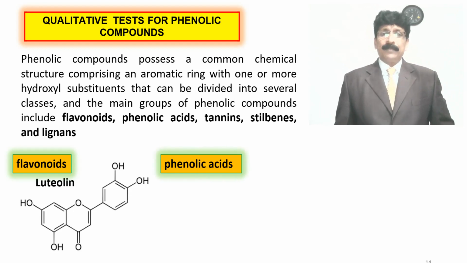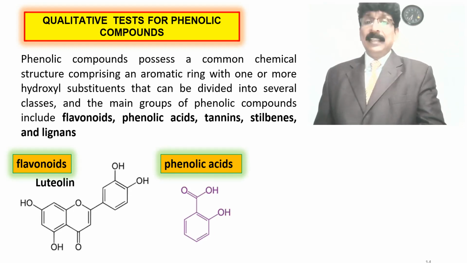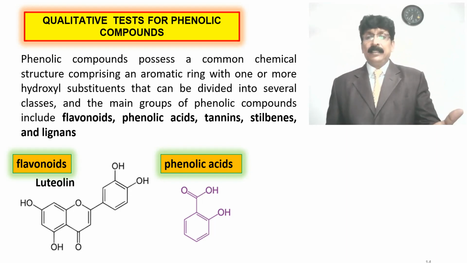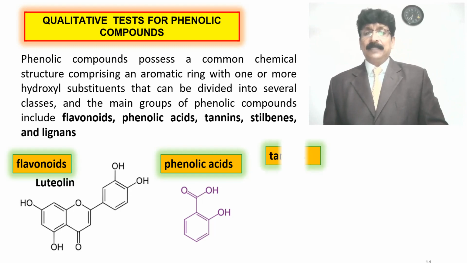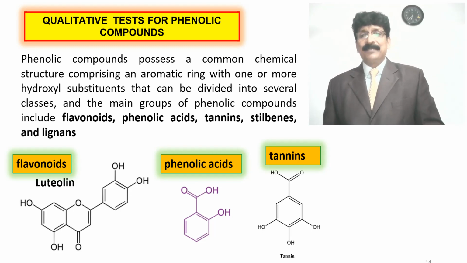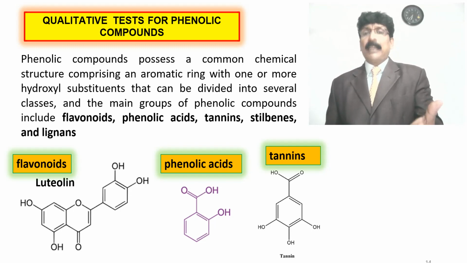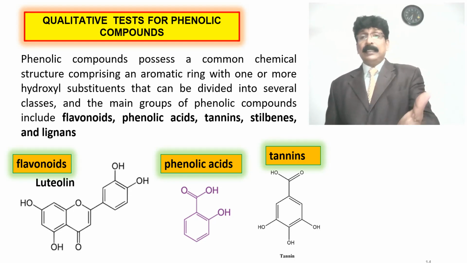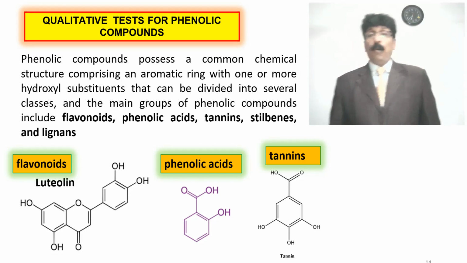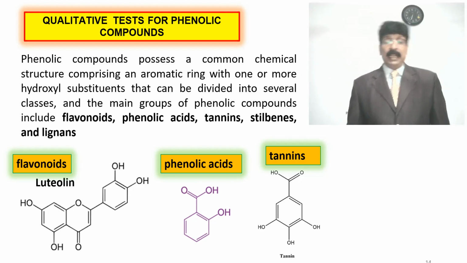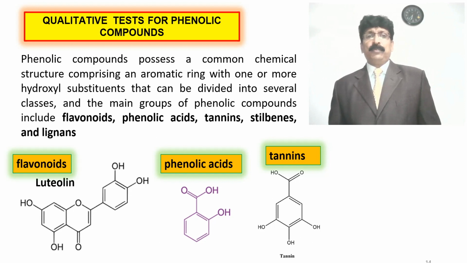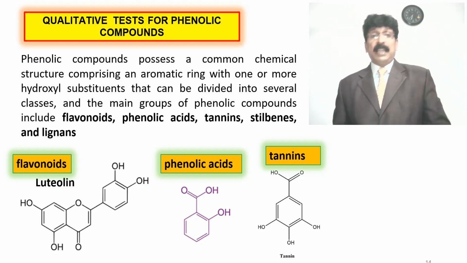Phenolic acid is an aromatic phenol with OH and a COOH acid substitution. Tannins, the hydrolysable tannins, have an aromatic ring structure with many OH groups and also an acid group. We have separate tests for tannins and flavonoids, but apart from that, they all come under phenolic compounds.